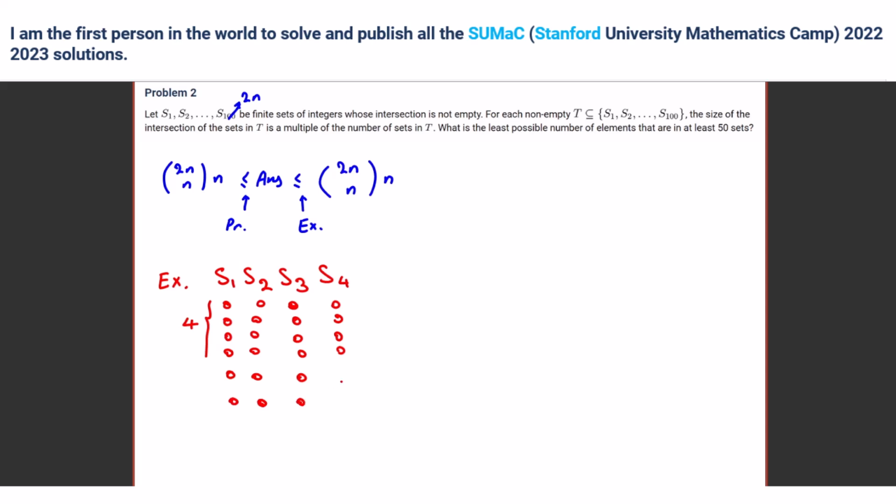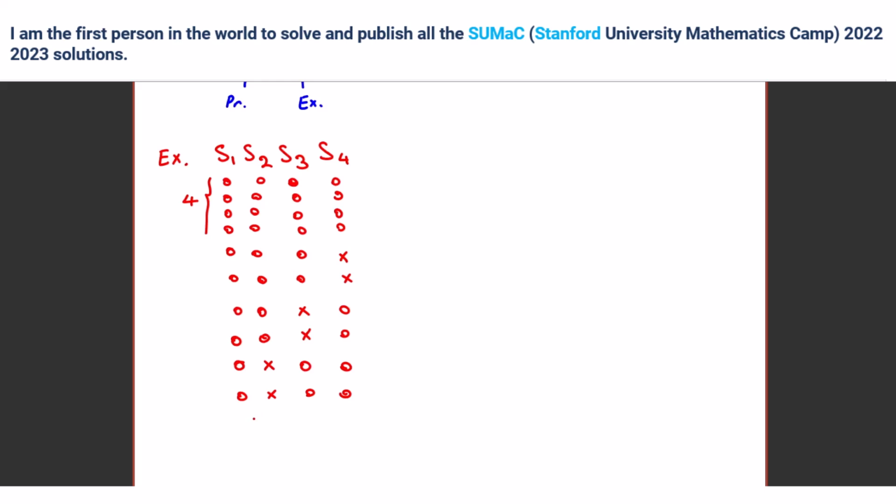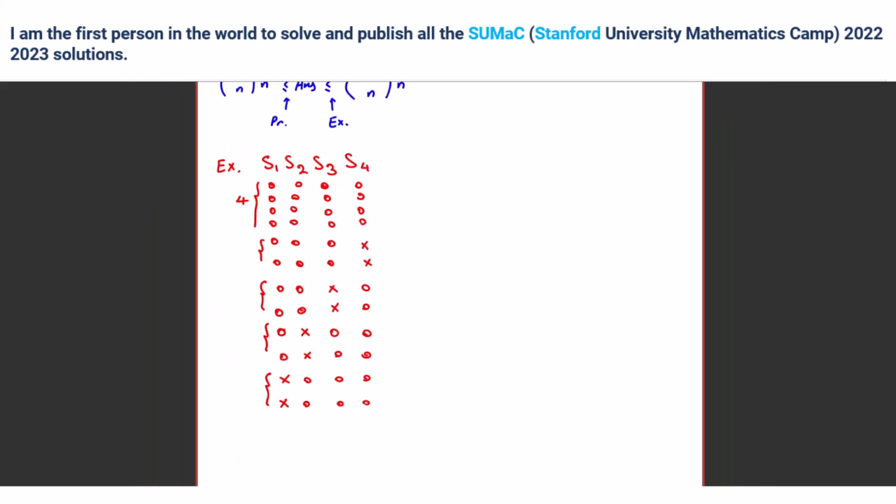So we consider 2 here, and 2 also for the rest. For example, 2 for this case, 2 for this case, and 2 for this case. Now, how many elements should we have in S1, S2 at least?